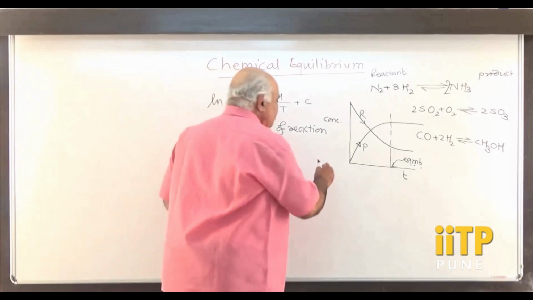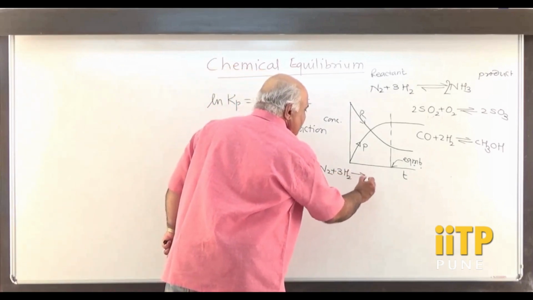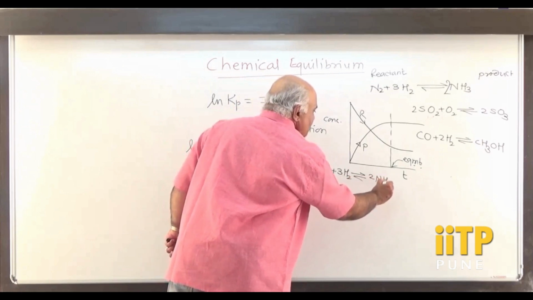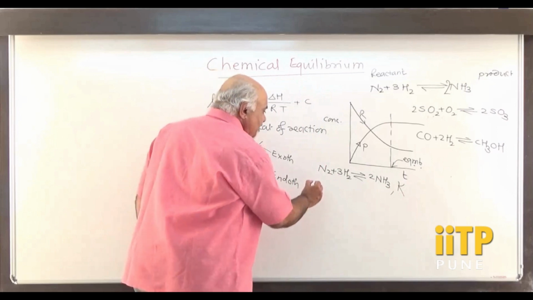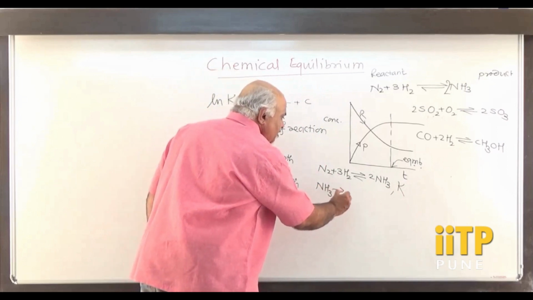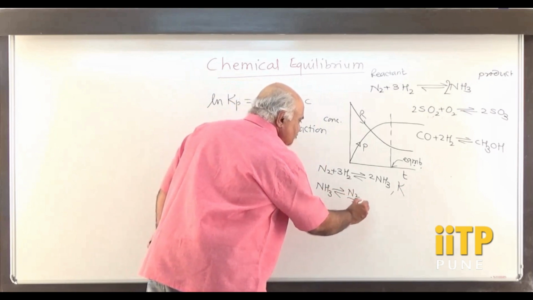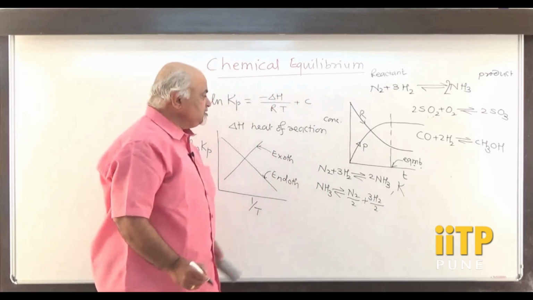Suppose you have a reaction N2 plus 3H2 giving 2NH3 and the value is K, equilibrium constant. Then we can have a reverse of the reaction this way: NH3 giving N2 by 2 plus 3H2 by 2. The reaction should be balanced.